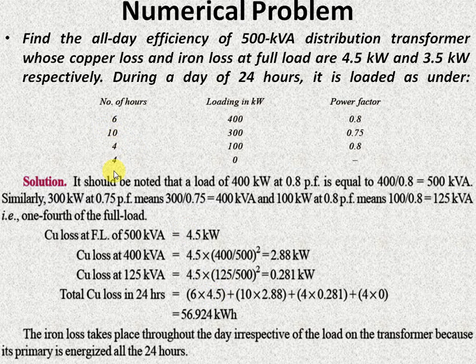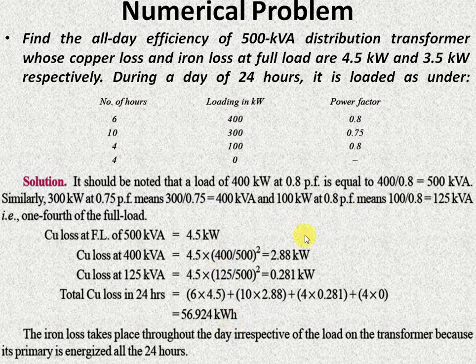During the next 10 hours, the copper loss is 2.88 kilowatt. In the next 4 hours, it is 0.281 kilowatts, and in the last 4 hours, as there is no loading, there will not be any copper loss. So the total copper loss during these 24 hours is calculated in kilowatt hour here. This is actually the energy term.